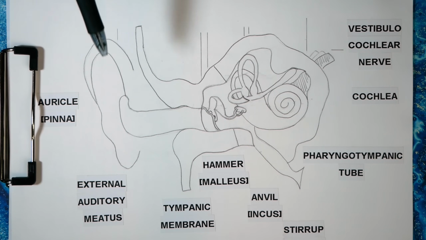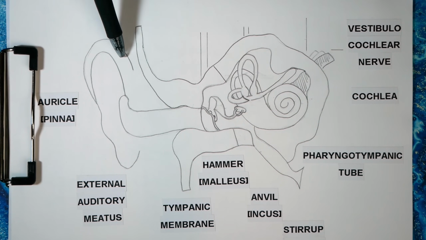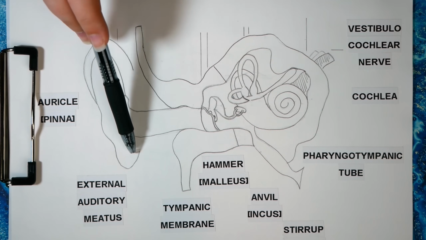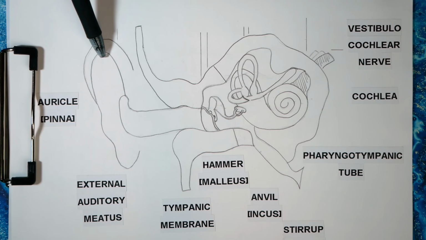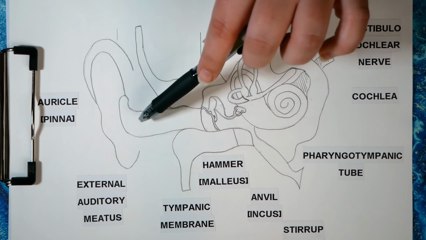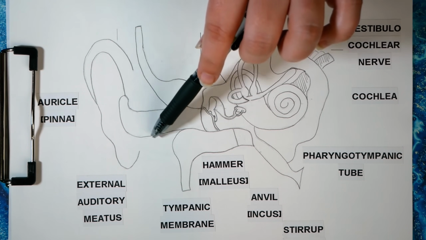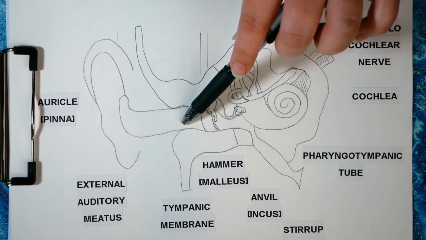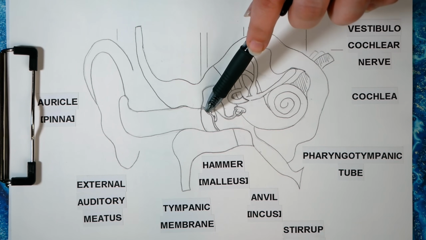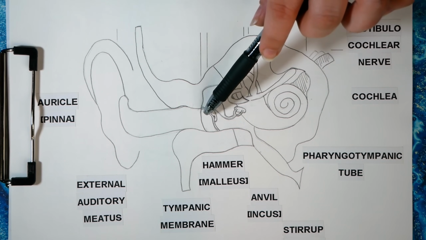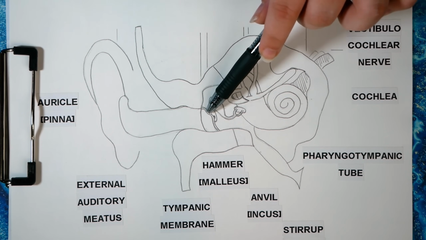So we are going to be focusing on any abnormalities on, around, or behind the pinna here. We will look inside the external auditory meatus into the ear canal. We'll be able to see the tympanic membrane and the tip of the malleus through there.